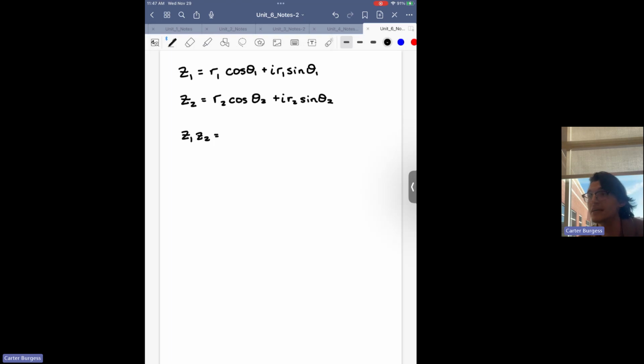Well, this would normally be a pretty messy Punnett square. You can check this yourself. If you FOIL it out, sorry, we're going to do this in a little bit of a cleaner way.